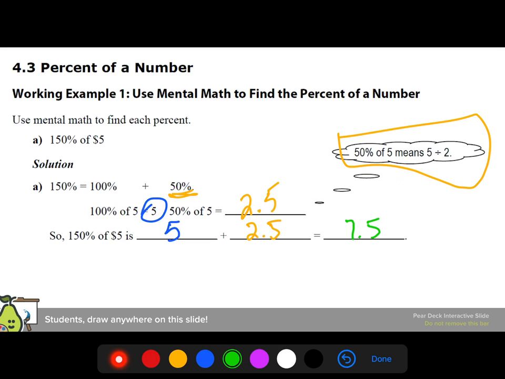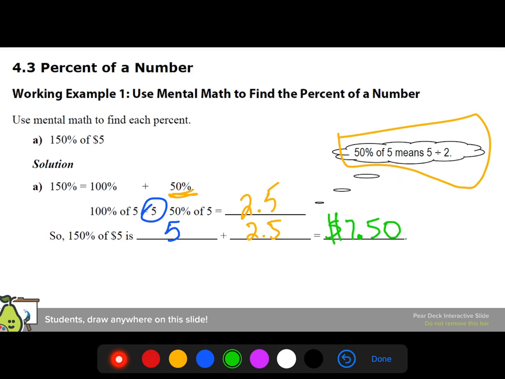So 5 plus 2.5 gives us 7.5. Now, if you go back to the original question, 150% of $5, that's what we've calculated here. This is money. So it's $7.50.